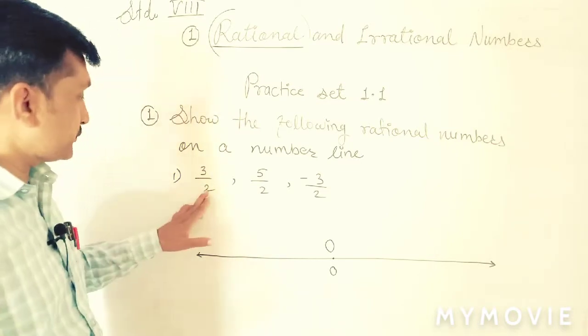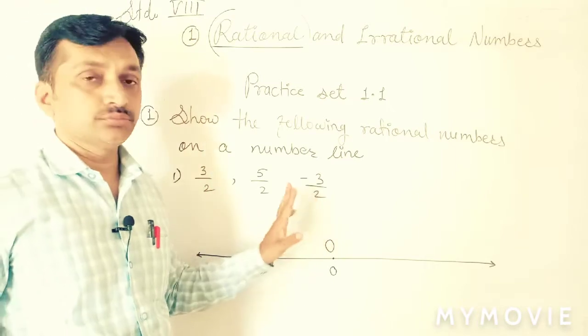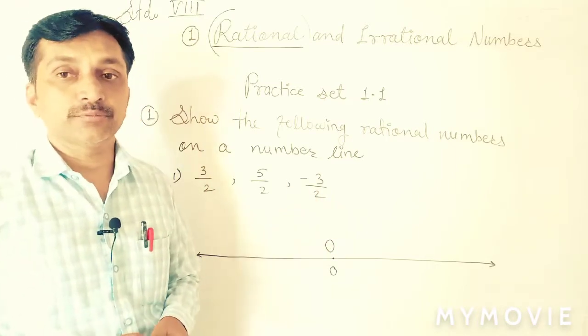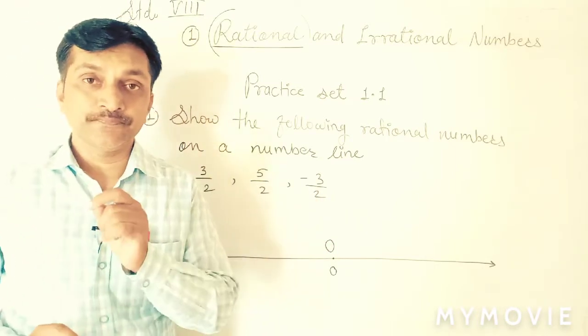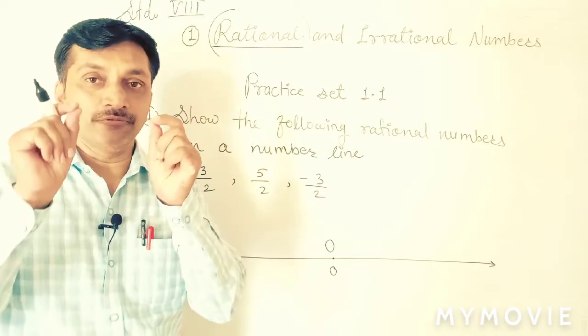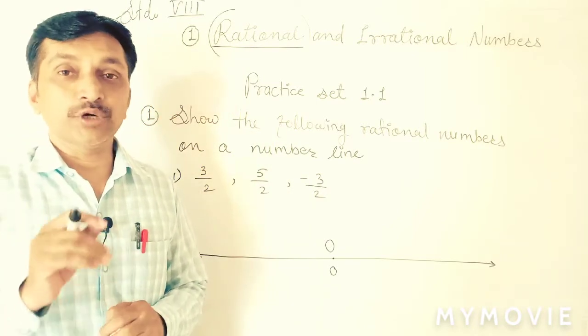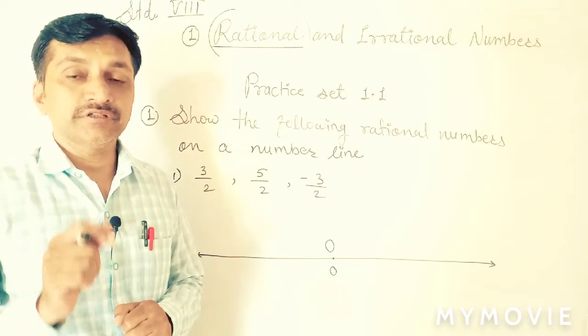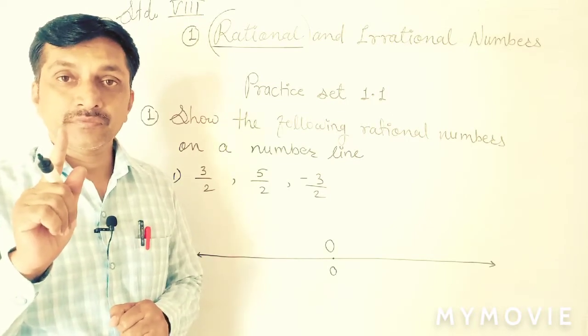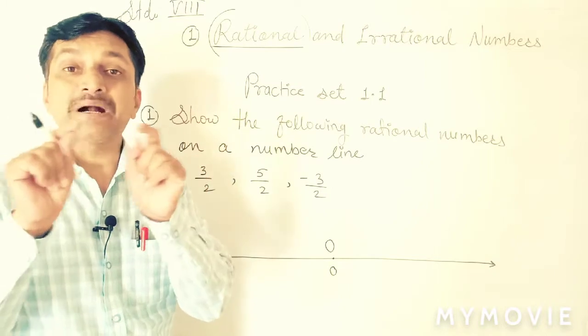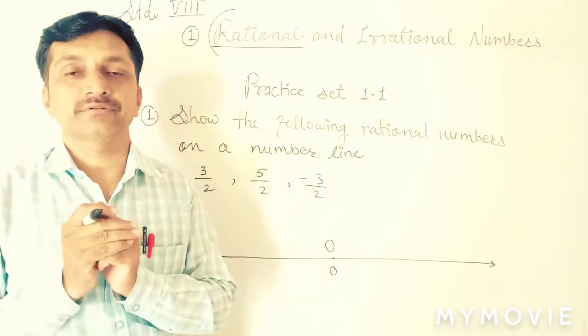Now here, what is the denominator? Denominator is 2. It means that we have to make 2 parts of 1 unit. If you are taking 1 unit equal to 1 centimeter, then you have to make 2 parts of 1 centimeter, means half a centimeter.